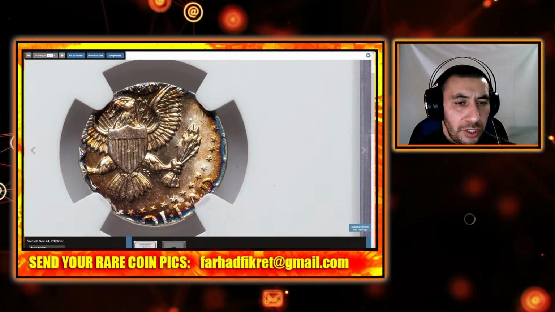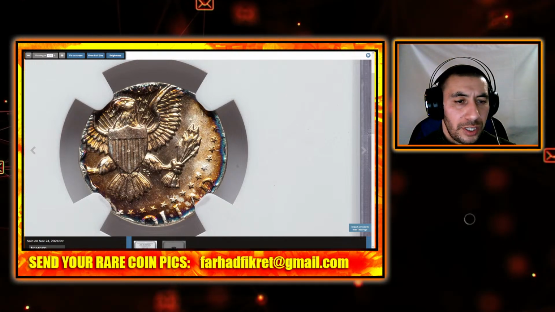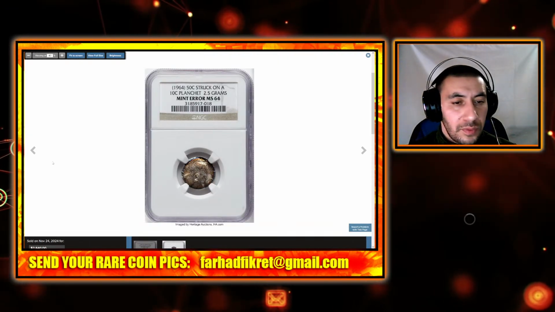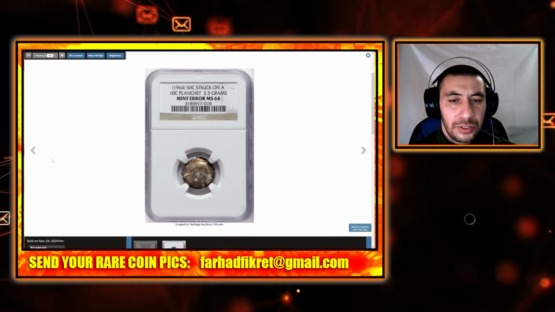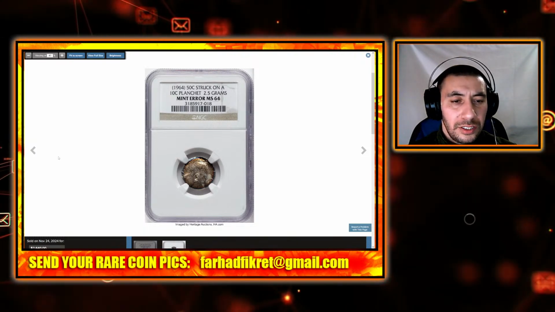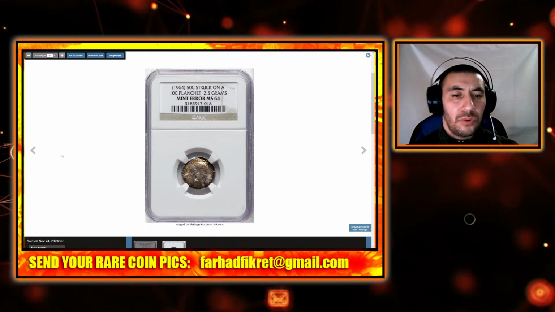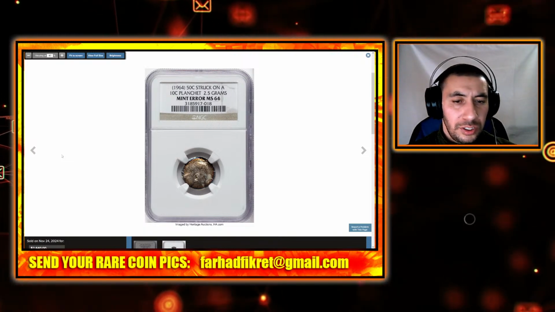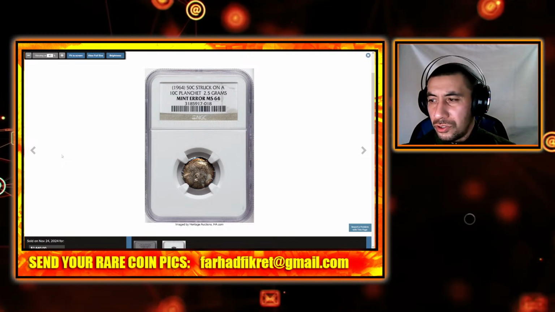This kind of mint error is highly collectible as it showcases a strike deviation from standard production processes at the US Mint. In the case of the 1964 Kennedy half dollar, the year adds another layer of interest, as 1964 was the first year of the coin's production, and the last year US coins were struck in 90% silver for circulation.